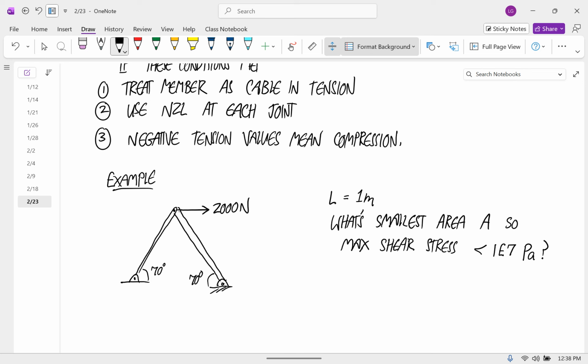Okay, you can imagine how this would be like an important design question. You have this structure that has to support a certain load, and you just want to know the minimum amount of metal that you can use for this to be safe, you know?